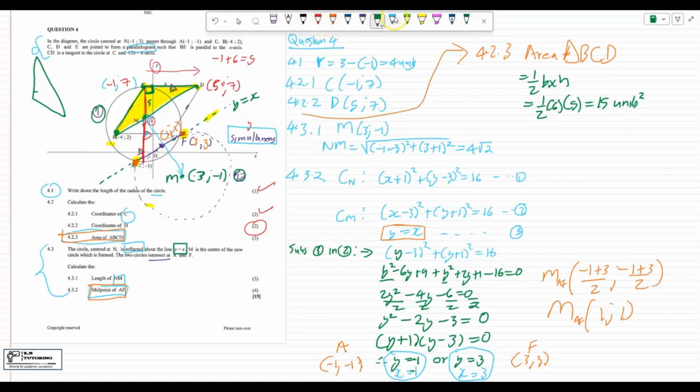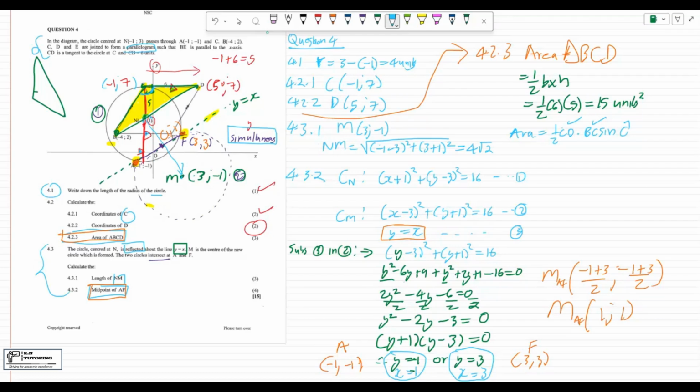Alternatively, you know that area is going to be half of CD multiplied by BC, sine of the angle included, which is sine C. So if you've got CD, you can find BC using the distance formula, but now you'll have to find the angle there.